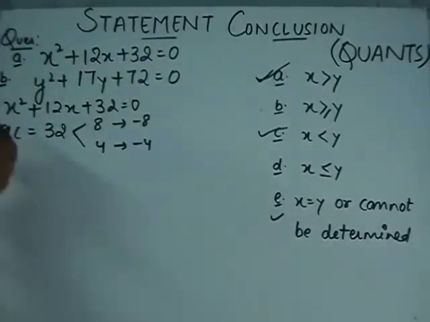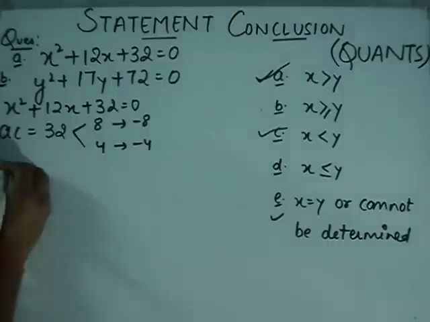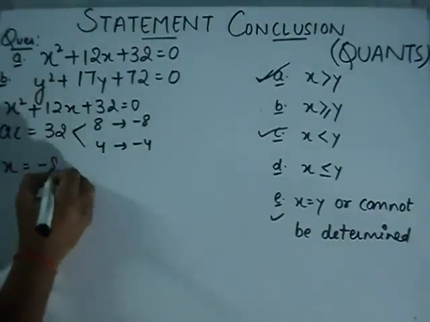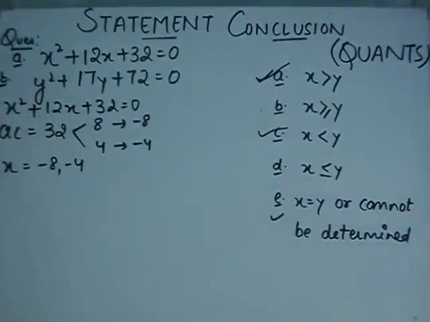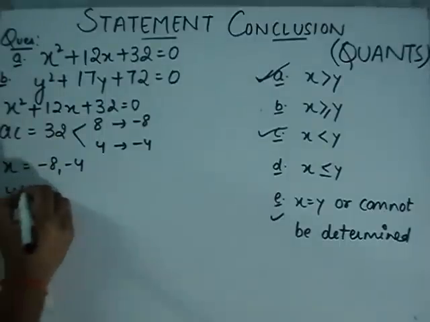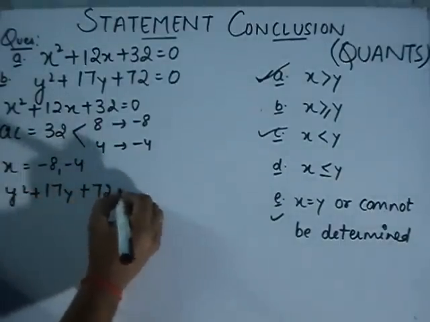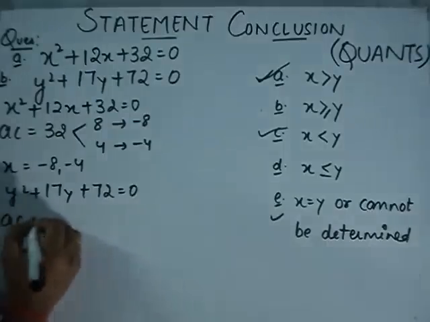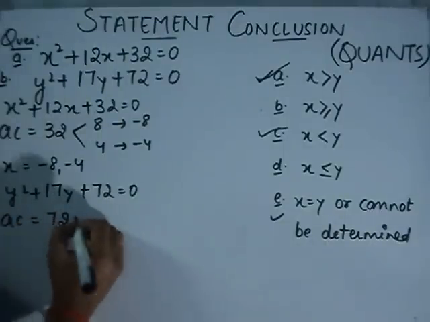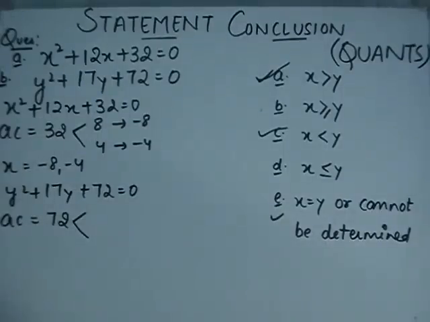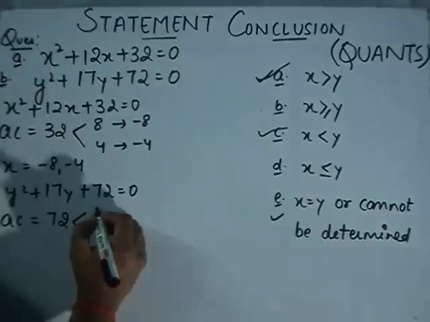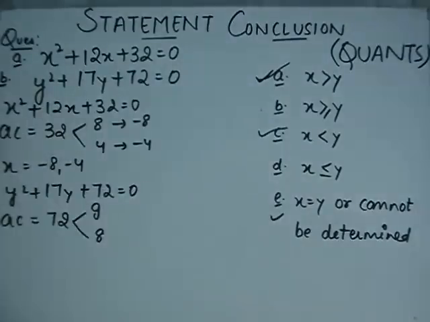Here the coefficient of x is 1, so my roots would be minus 8 and minus 4. Now take another equation which is equal to this. AC would be 72, and after splitting I am getting 9 and 8.